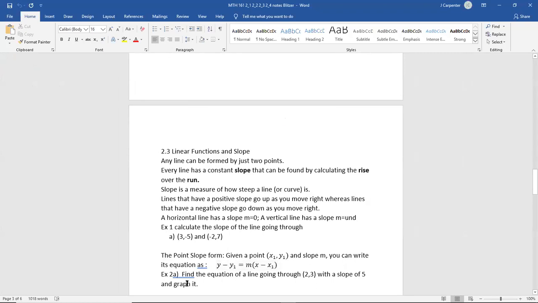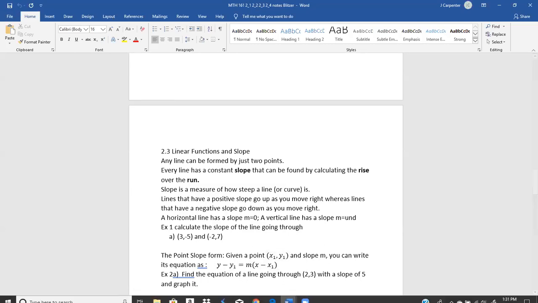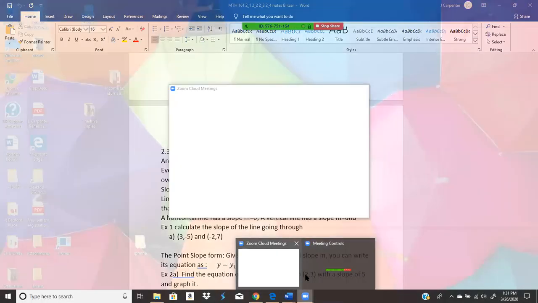And then we started example 2a. We said to find the equation of a line going through 2, 3 with a slope of 5 and graph it. We did not graph it yet, and I'm just going to start this one from scratch. So let's pull up our whiteboard.